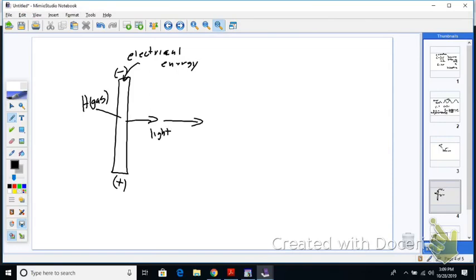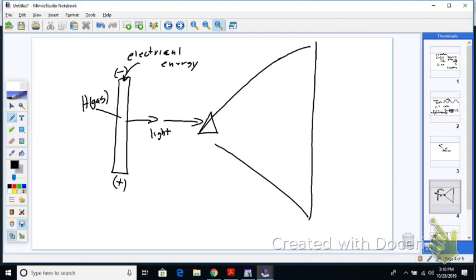It's going to be kind of a pinkish color. And then we're going to put it through a prism, and it's going to spread it out. Okay? And when it spreads out, there's going to be some different lines produced. You're going to get 4 visible lines when you have hydrogen.